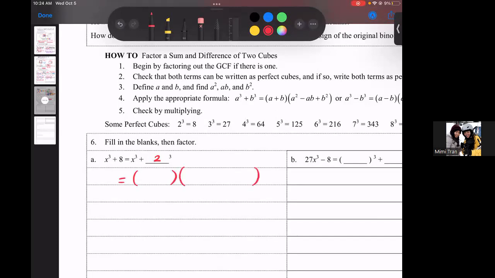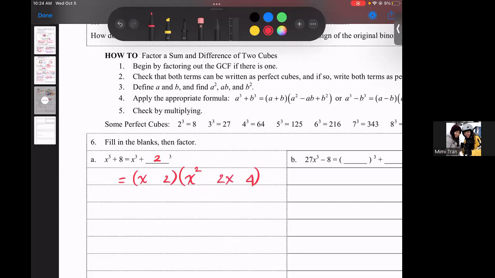Remember what I say? The first one will be x and 2, that's your a and b. And then the trinomial: x times x is x squared, 2 times 2 is 4, and the middle one is x times 2, so 2x.